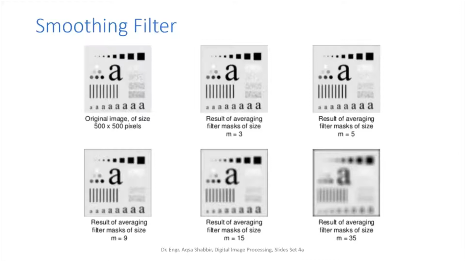Now, this pronounced black border doesn't exist in the original image. The presence of this prominent black border, especially noticeable when m equals 35, is a result of padding the border of the original image with zeros.